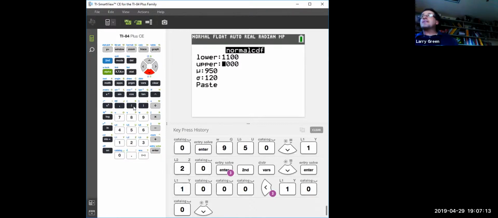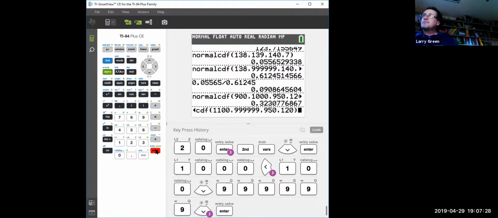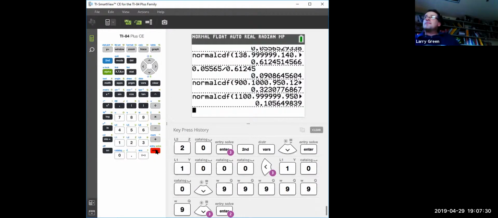Yeah, a lot of nines, at least 6, because you want to be at least two more 9s than the number of digits. And same mean, same standard deviation, and we paste. And that's it. It's about 11% probability of running out. Probably not that good as a business, but sometimes you got to live with it. Any questions on that?